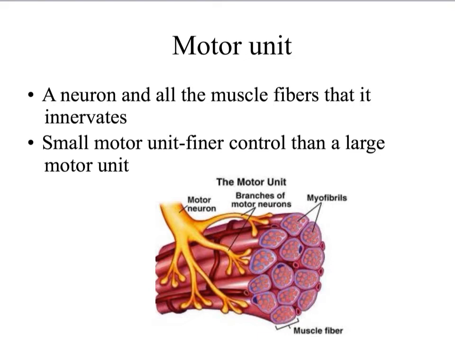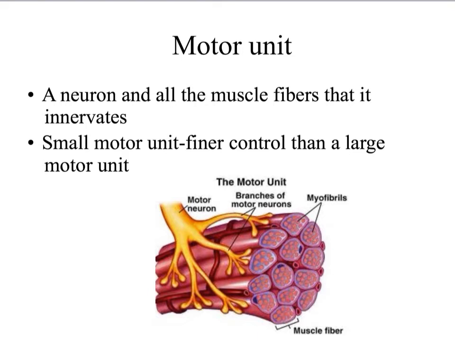A motor unit that controls your eyelid is going to be one neuron and a small number of muscle fibers. You've got very fine control. If you have an area of, let's say, greater force but less fine motor control, let's say in your hamstring muscles or your gluteus maximus, one of these large muscles, that's going to have a large motor unit where you're going to have one neuron and perhaps thousands of muscle fibers to go with it.